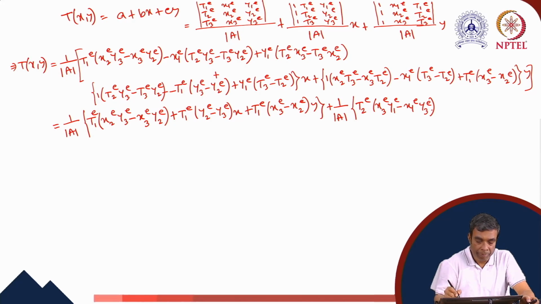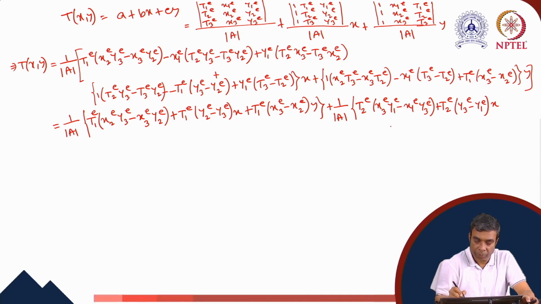In the B term we have for T2e plus T2e into (y3e minus y1e) into x.